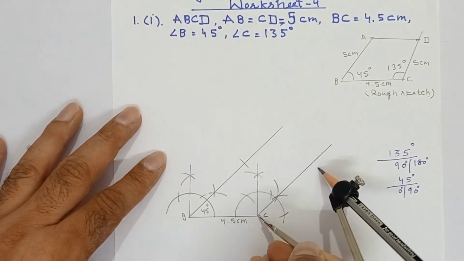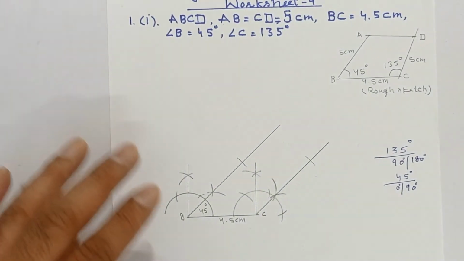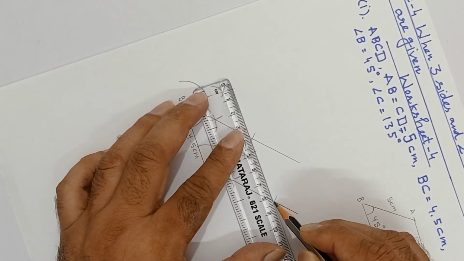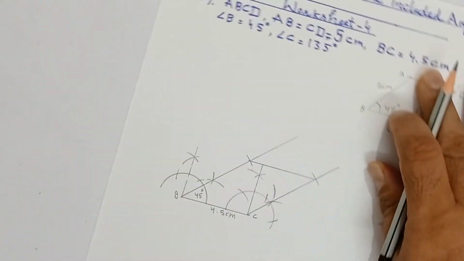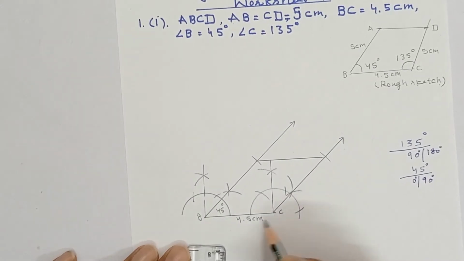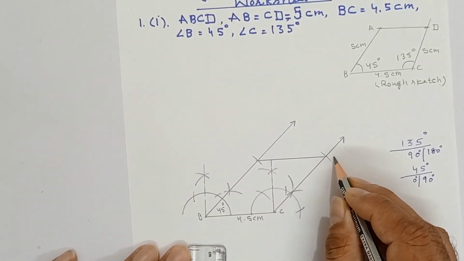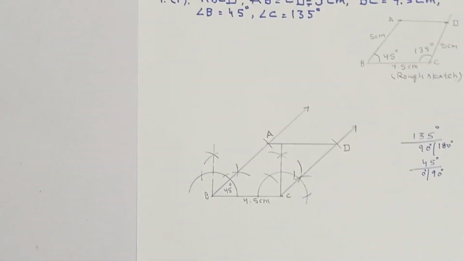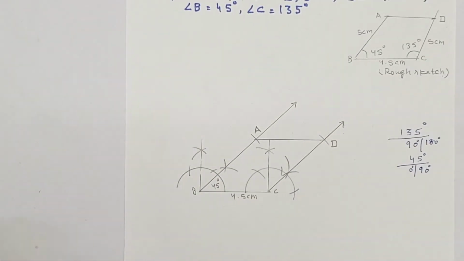So keep the compass tip here and cut an arc of 5 centimeter. So 5 centimeter and 5 centimeter we have cut. So we will join it. Join this. Arrow here, arrow here. This is BC and this is D and this is A. So ABCD quadrilateral has been constructed.